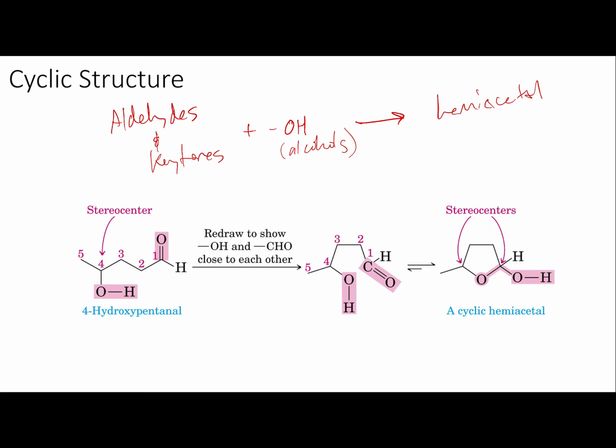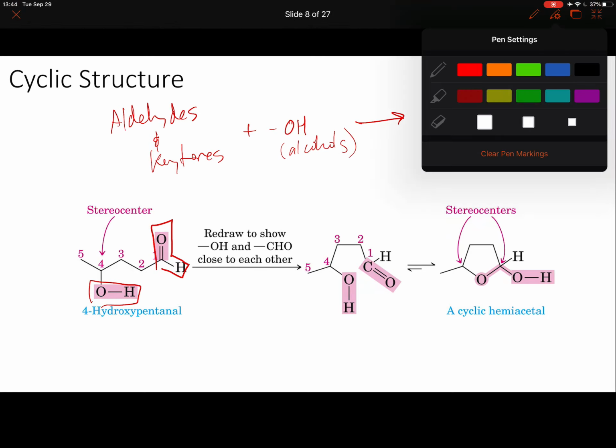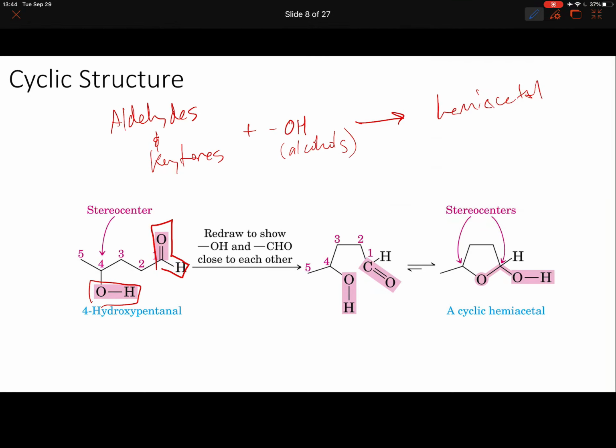So a sugar has an aldehyde group, right? Carbonyl carbon, but it also has hydroxyl groups. And if the hydroxyl group is far enough away from that carbonyl group, we can get a reaction within the molecule. So what you see here, what essentially is going to happen, this O is going to form a bond to this carbon, okay?